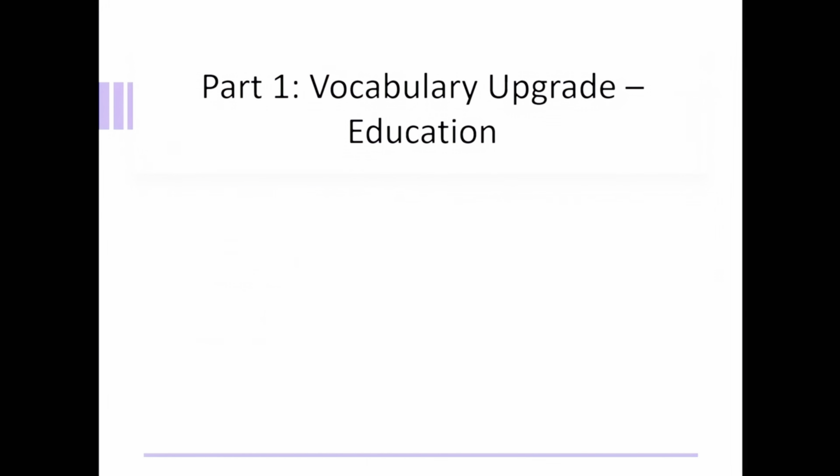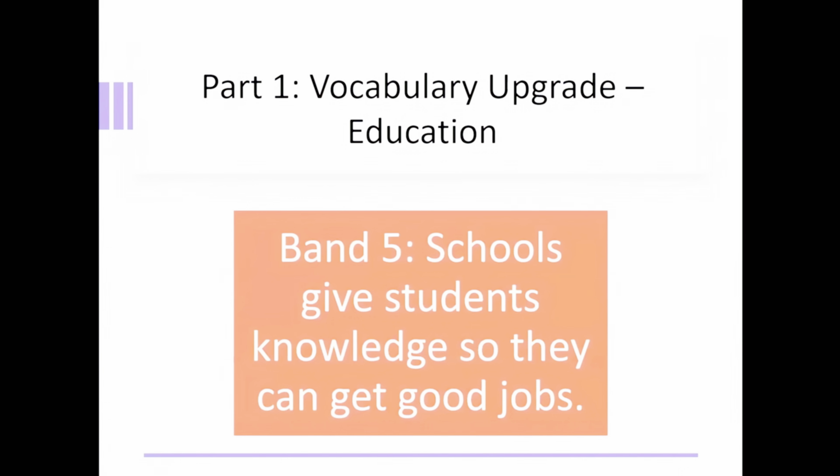All right, so these are the grammatical structures we're going to use. First, let's look at improving some vocabulary, and then we'll put the grammar in. So first of all, we have the topic of education. Let's upgrade the vocabulary. A band 5 may say, schools give students knowledge so they can get good jobs.